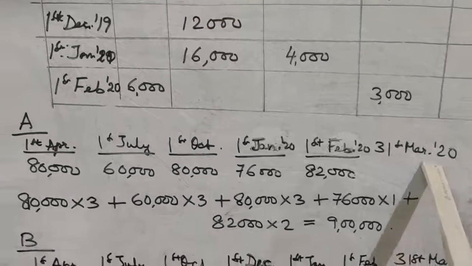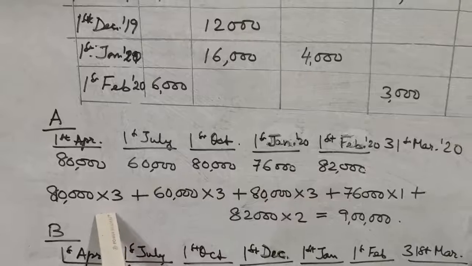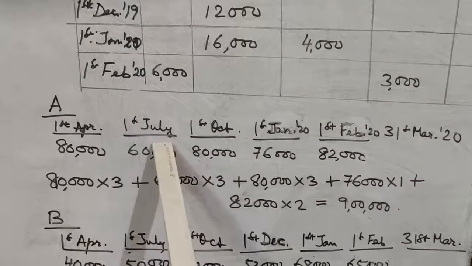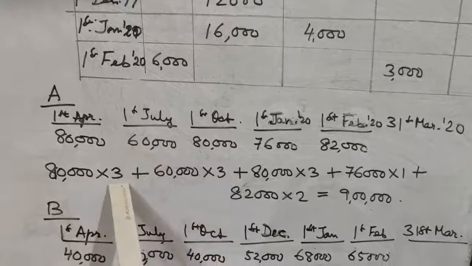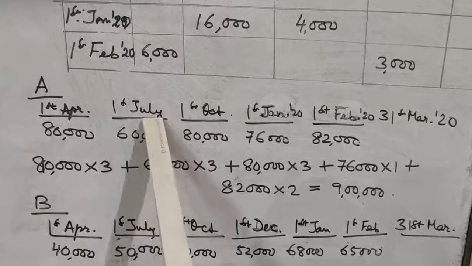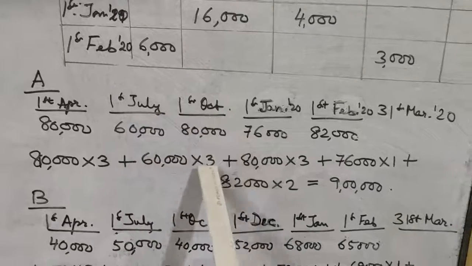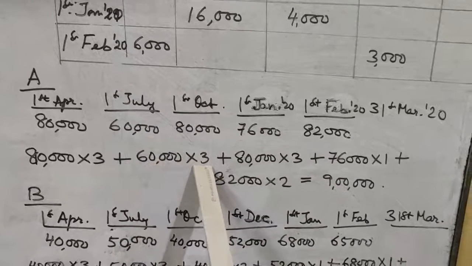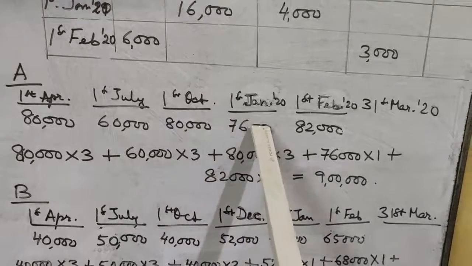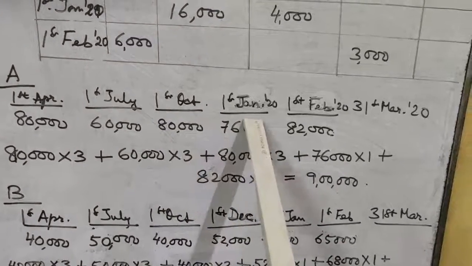So his capital employed is 80,000 for 3 months, that is from 1st April to 1st July. So 80,000 into 3. Then 60,000 again for 3 months, from 1st July to 1st October. So 60,000 into 3. Then 80,000 again for 3 months, from 1st October to 1st January.